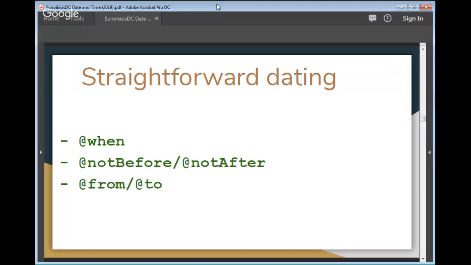The main attributes I've given you on this slide are: when, which just tells you a particular date on which something happened; the notBefore and notAfter attributes, which tell you something about the span of dates within which the event you're describing happened, so you effectively have an uncertain date, but you know that it must have been after date A and before date B, because, for example, it happened in a person's lifetime and you know that person's dates.